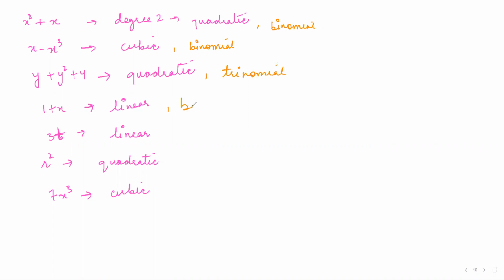This is linear, but it is binomial because it is having 2 terms. Similarly, this is linear, but it is a monomial because it is having only 1 term. Again, this is quadratic, but a monomial. And similarly, this is cubic, but a monomial. So both ways you can name, according to the number of terms and according to the degree.